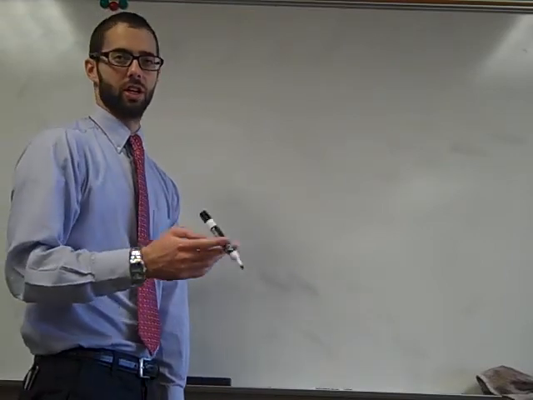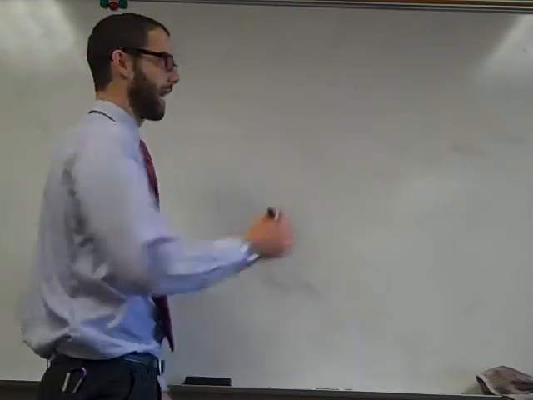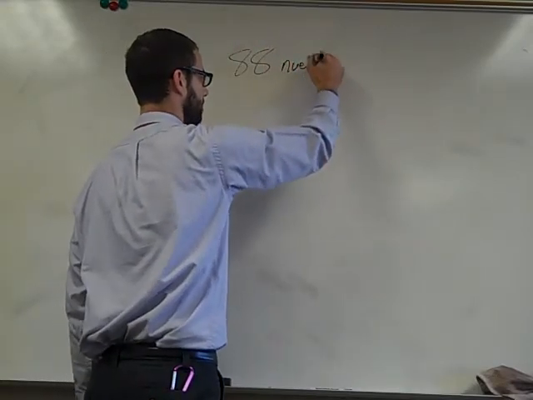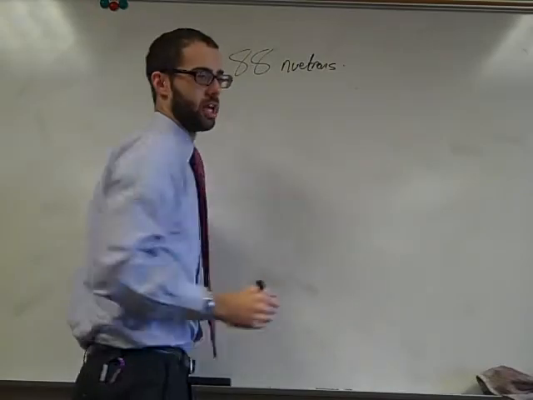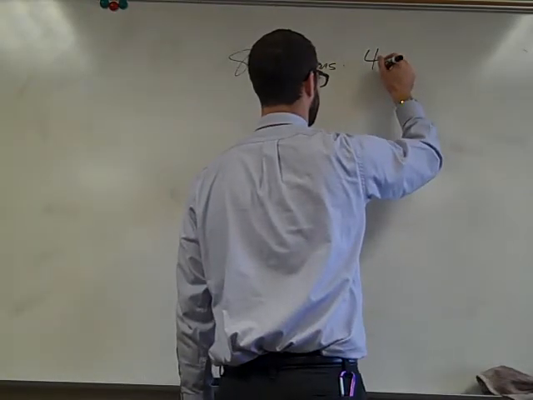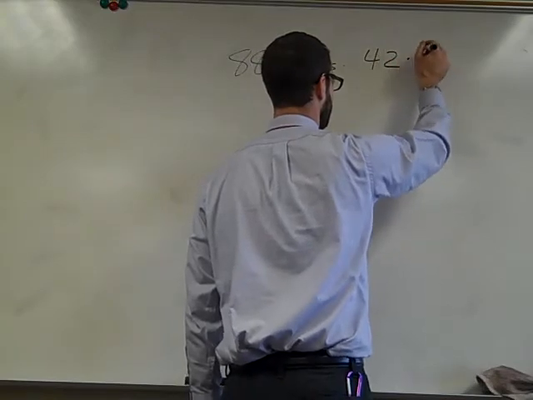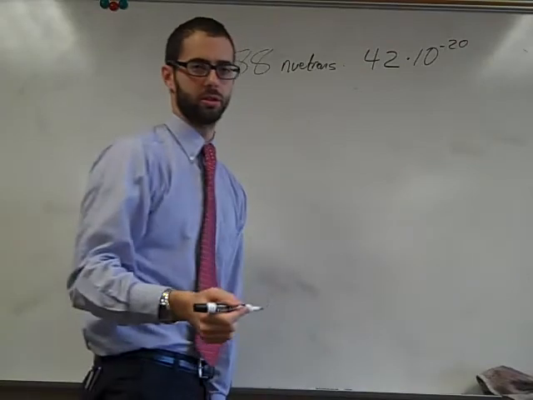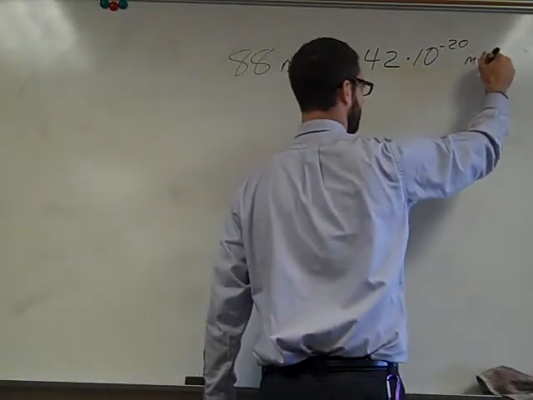So, for example, let me tell you this: an atom has 88 neutrons, and a neutron weighs this weight. Okay, milligrams. That's a small one. It's super small.